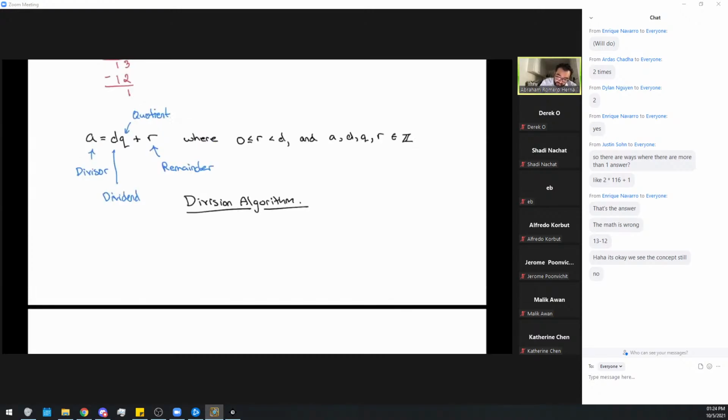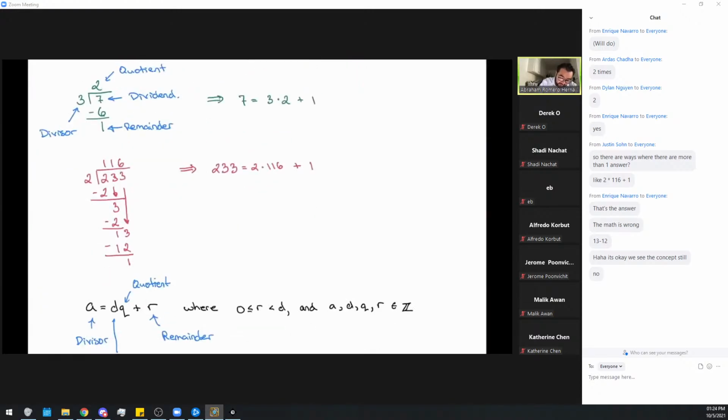So for the example, and let me keep it here next to it so you don't get confused, for 7 being divided by 3, if I'm just talking about trying to get a number that's close to it or exactly, what we're really doing is this: the floor function of 7 divided by 3.